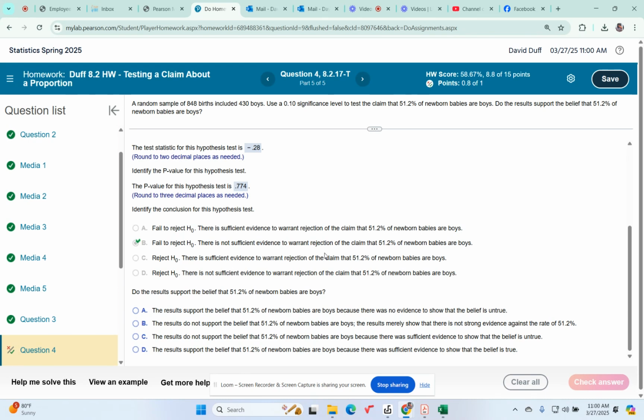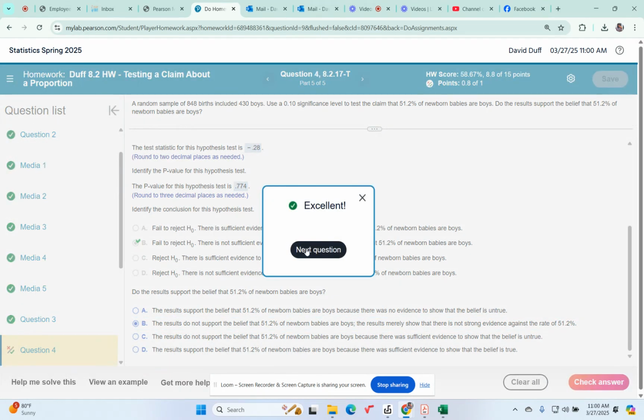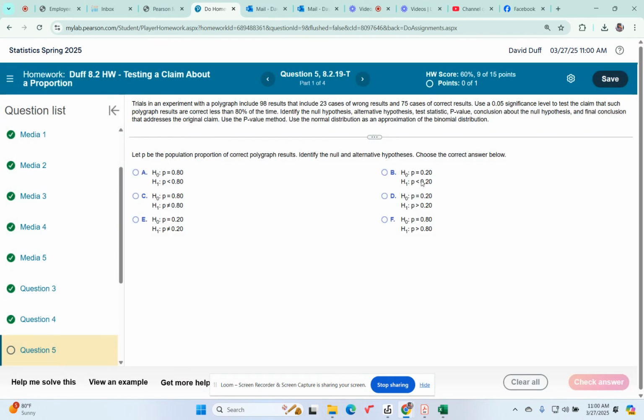So the results do not support the belief that 51.2% of newborn babies are boys. They merely show that there is not evidence against that. And that's the cautious language of statisticians. Okay, and that concludes this lesson.